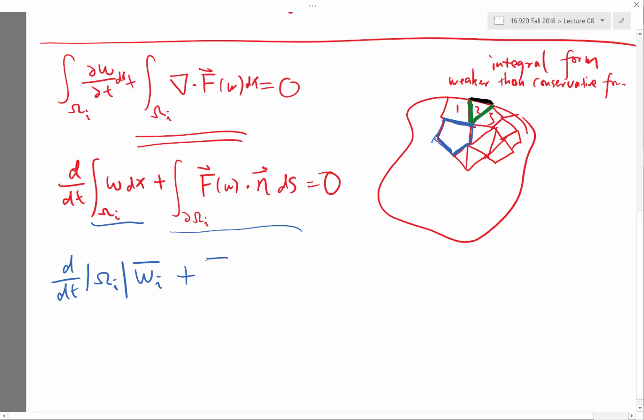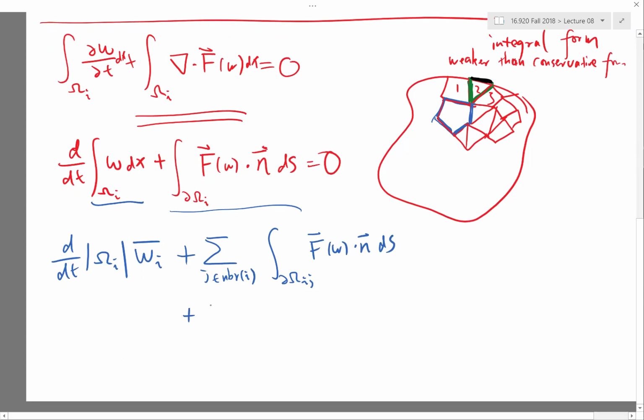One part is the summation over j in the neighbors of I, and the integral is over partial omega ij, the surface that separates cell I and cell j, of the flux dot n ds.